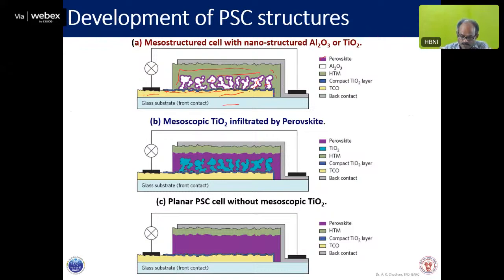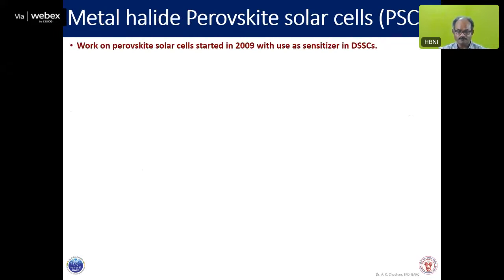Here they have used TiO2 only, and over that TiO2, but this time this is an anti-perovskite. You can just see all these things one by one. These are different types of structures where perovskite solar cells are made.